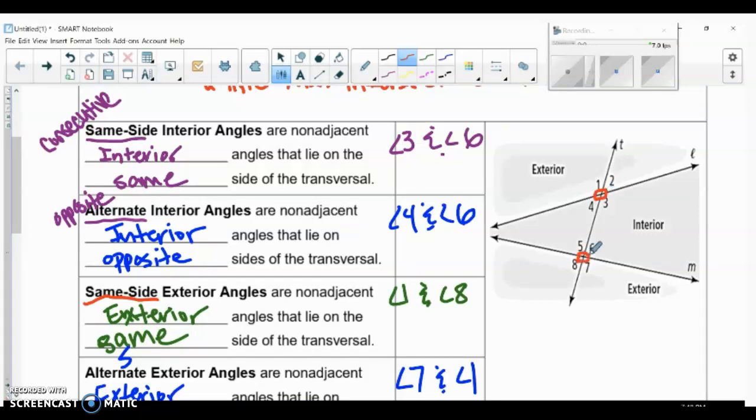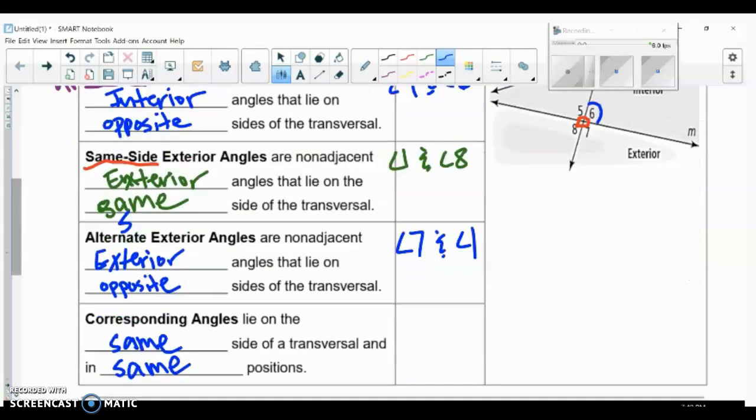So we would have angle 1 and angle 5 would be corresponding, 2 and 6 would be corresponding, 3 and 7, and then 4 and 8. Sorry, I mean 3 and 7, not 7 and 8. So 2 and 6 would be a good example for you to write down.